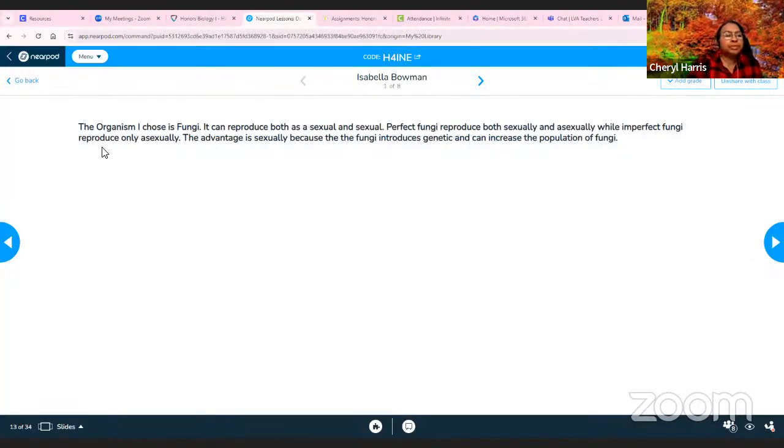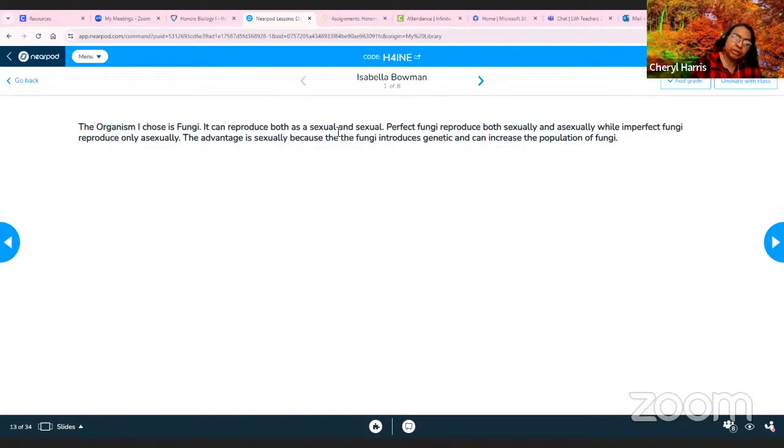All right. So Isabella chose fungi. They reproduce both sexually and asexually. Perfect fungi reproduce sexually, while imperfect only produce asexually. I guess I should have asked you all to explain what that means.